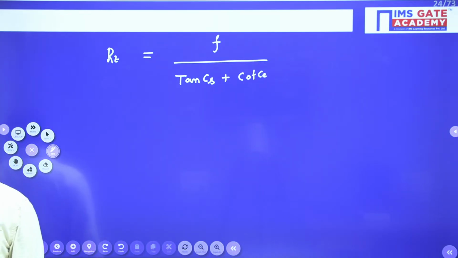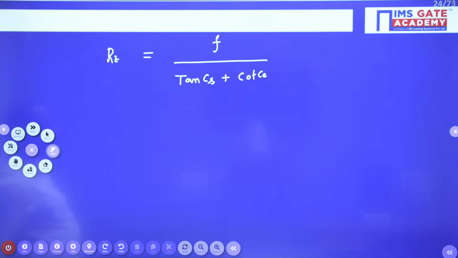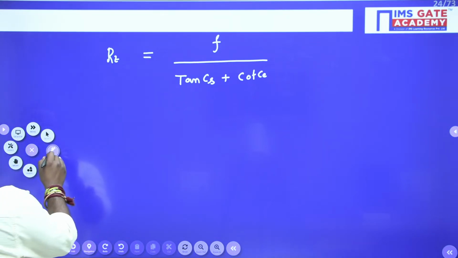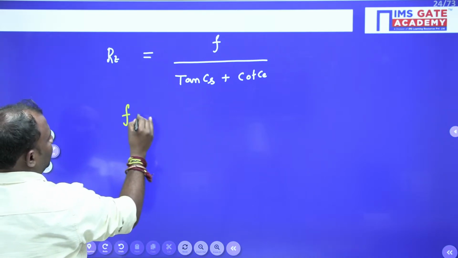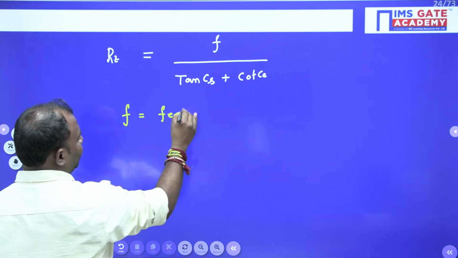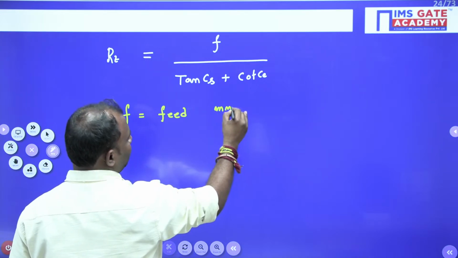Tan CS plus cot CE. Now let me write here also average roughness, and some terminologies. Here F is the feed, that is mm per revolution.